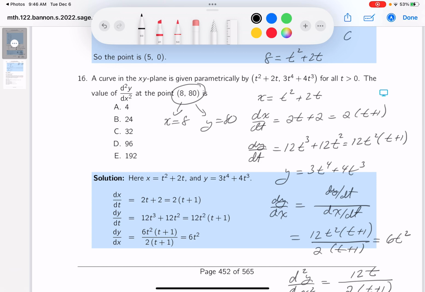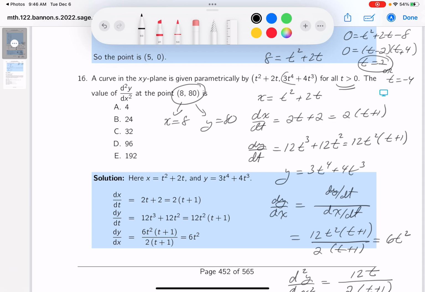So I'm going to say 0 equals t squared plus 2t minus 8. I'm going to factor that, and that would give you (t plus 4)(t minus 2). So t could equal 2, or t could be minus 4. Now, I know it's not minus 4, by the way. Why is that? They tell me t is positive. So t is 2.